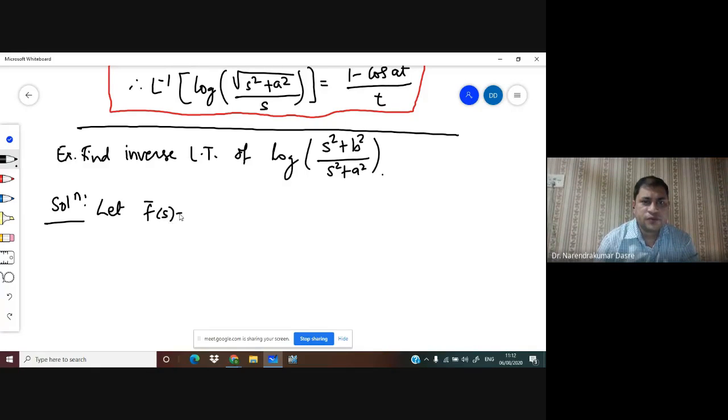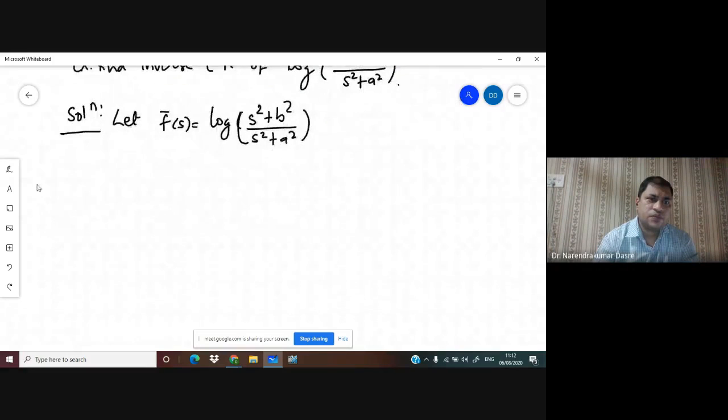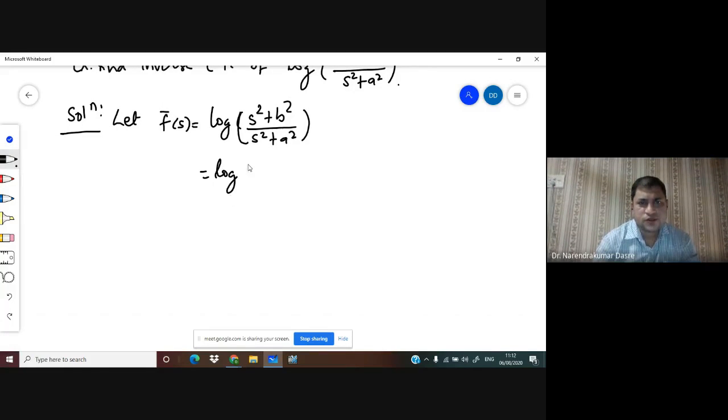Let f bar of s is equal to log of s square plus b square upon s square plus a square. And then we can write this as log of s square plus b square minus log of s square plus a square.